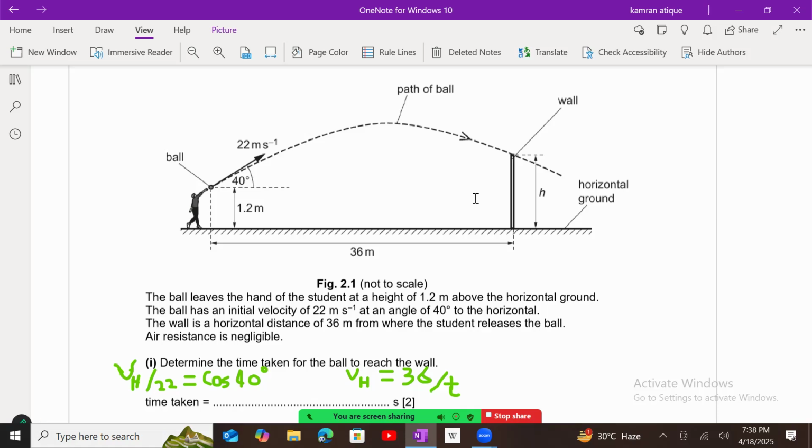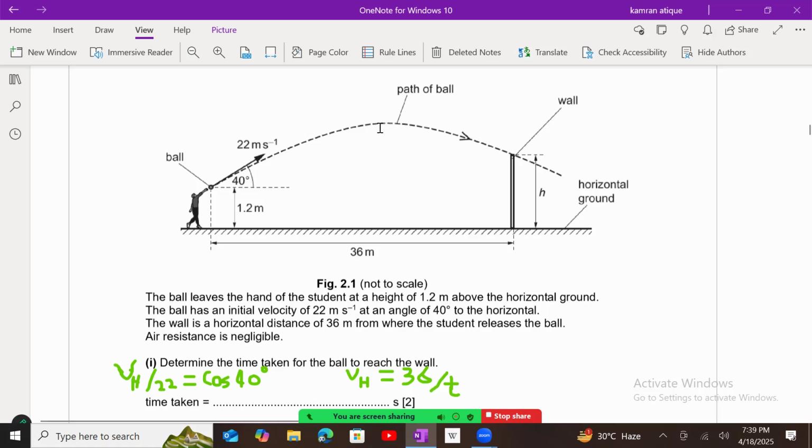So if there is no resultant force in the horizontal direction, there must be no horizontal acceleration. It means no horizontal change of velocity. According to F equals ma, if there is no resultant force, then there is no acceleration.